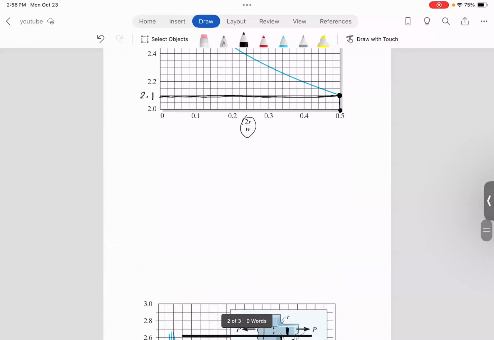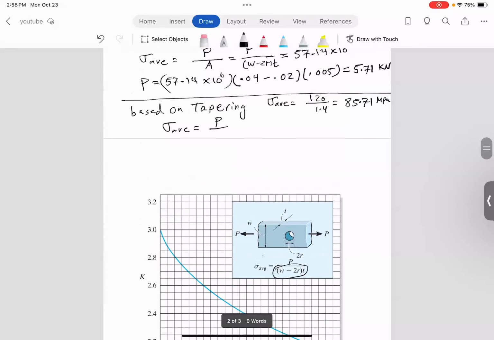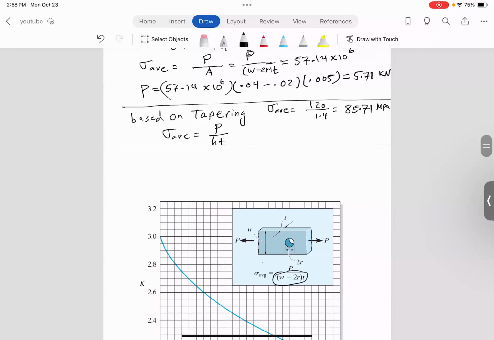Again, if you go to the chart, guys, look, the area that you're going to use is this cross-sectional area, not the cross-sectional area of the larger section. Always the weaker section. So it's H times T. H times T. Okay? So again, let me do that down here. So P becomes sigma average times H times T, right?